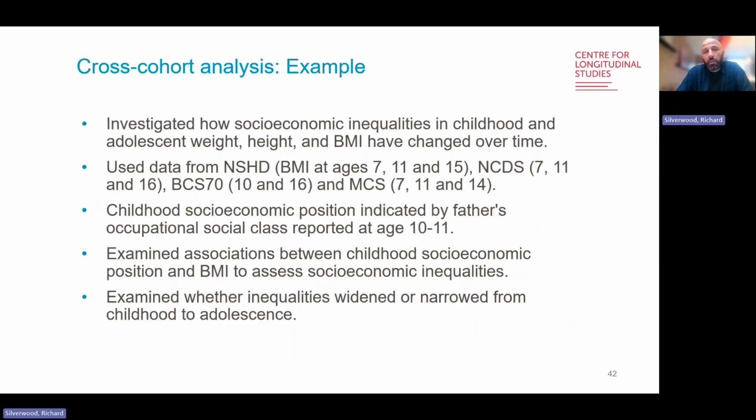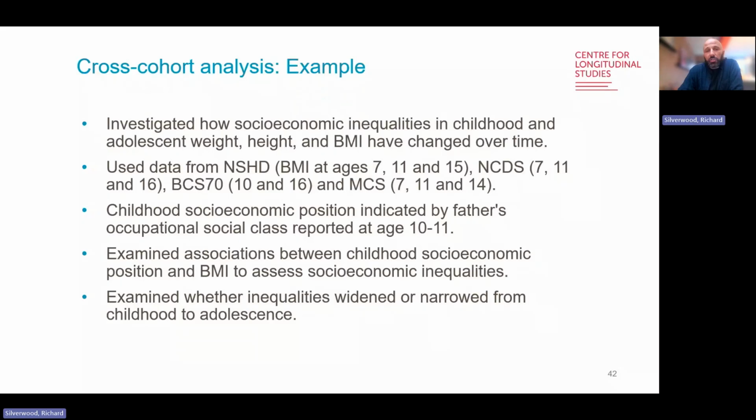So the authors here were using data from 3 of the CLS cohorts that have been described already, NCDS, BCS 70, and MCS, as well as data from the National Survey of Health and Development, another birth cohort born in 1946, run by another team also based at UCL.